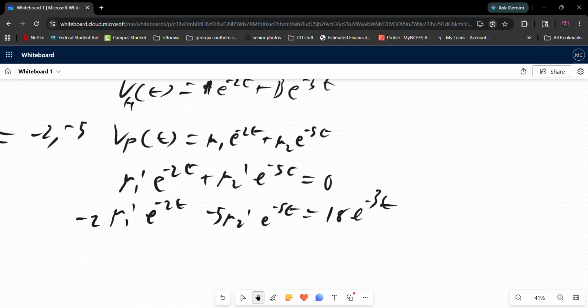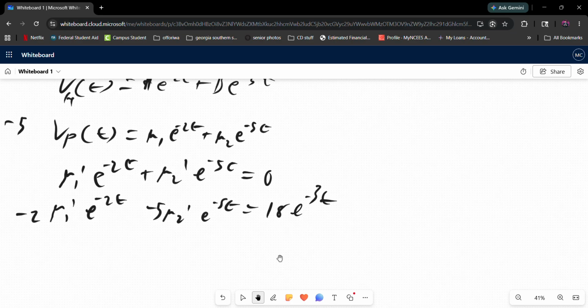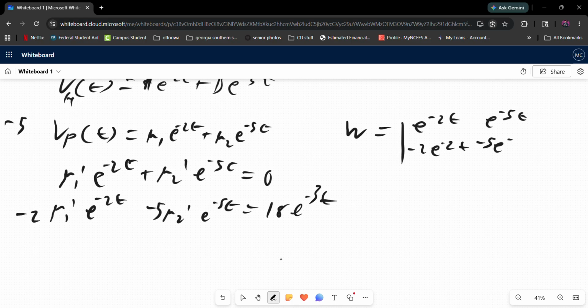And now we just use Cramer's rule here. So let me first take the Wronskian, because we're going to need it. The Wronskian is going to be the determinant of this matrix. So it's going to be e to the negative 2t, negative 2 e to the negative 2t, and then we have e to the negative 5t, then negative 5 e to the negative 5t.